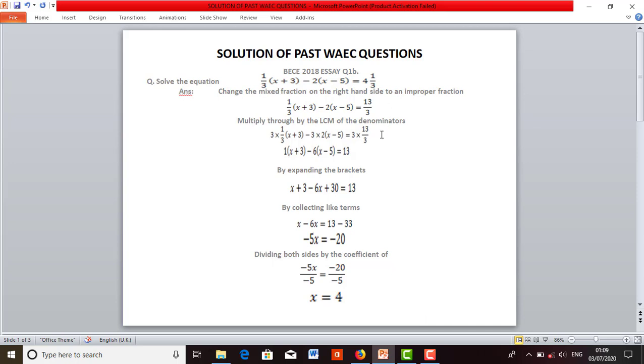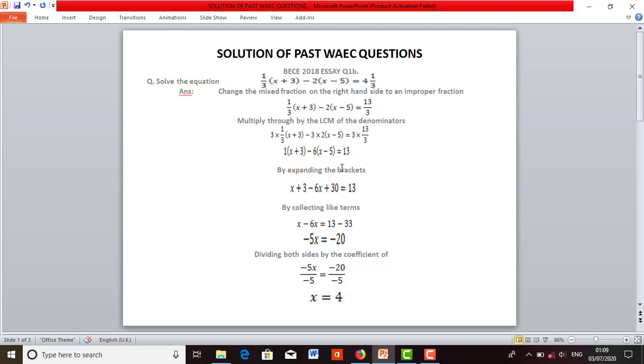That's the lowest number into which both of them can enter. So we multiply each term by 3. So we have 3 multiplied by 1/3 into (x + 3) minus 3 multiplied by 2 into (x - 5) equals 3 multiplied by 13/3.